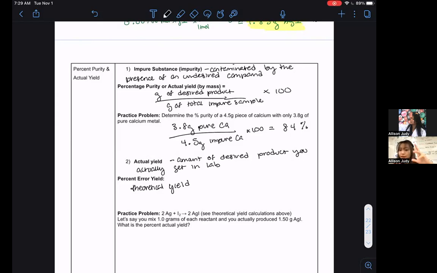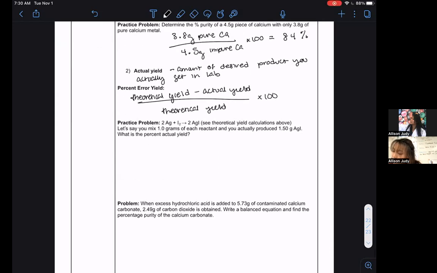Sometimes these pair up. So your theoretical yield minus your actual yield, the difference between what you thought you would get and what you actually got, all over your theoretical yield, times 100. That tells us our percent error. How much did we not get? How much mess up did we have? How much incomplete reaction or side product reaction or non-reacted parts of the reaction did we have?